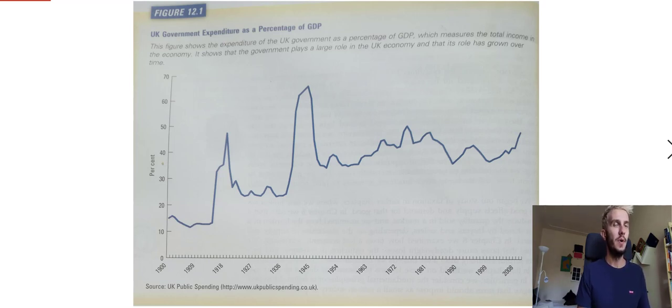So this figure I found in an economics textbook, and I think it's interesting to see. If we look at these spikes, first you observe two things in this figure. First, there are two spikes, and then there is an obvious growth trend of the UK public expenditure.